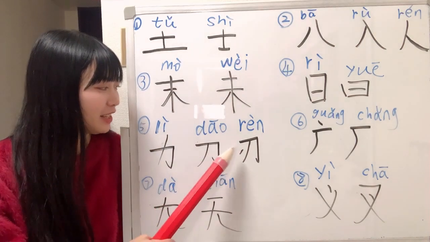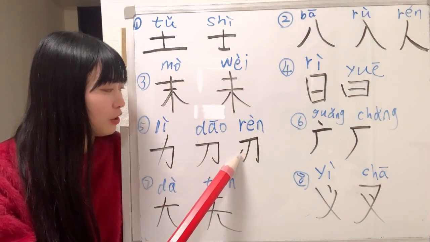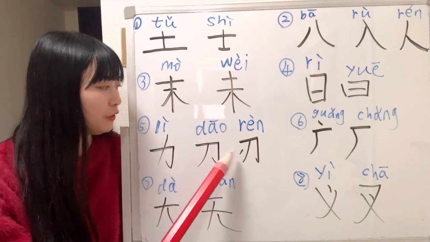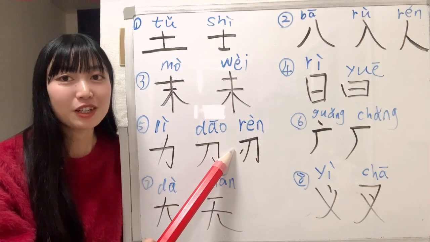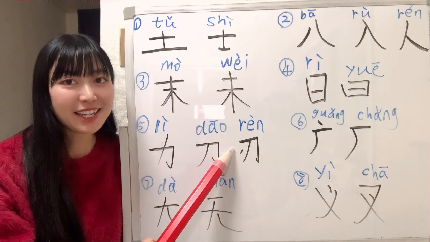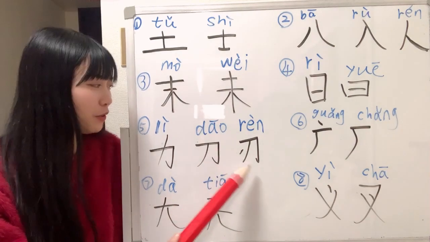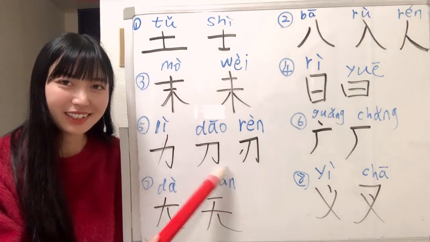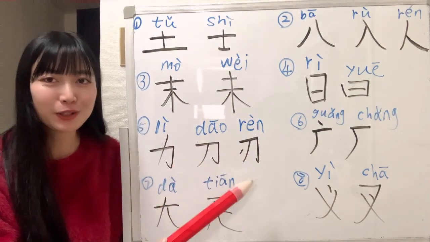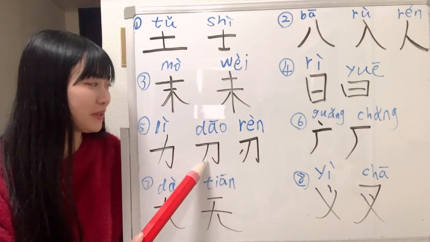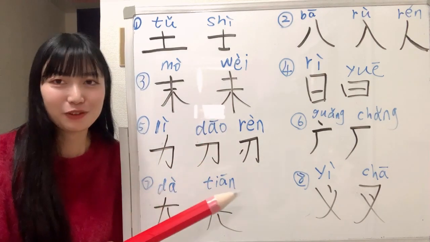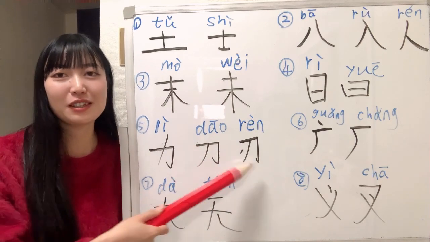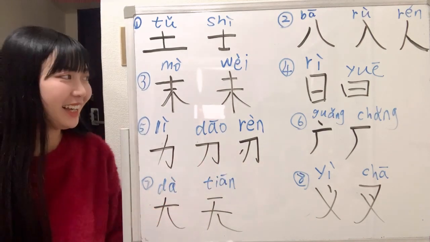And then if you add a dot on the left part of 刀, it means 刃, blade. So actually they are similar in the shape of the characters, and also the meaning, they are kind of relatives, right? This is the knife, this is the blade.